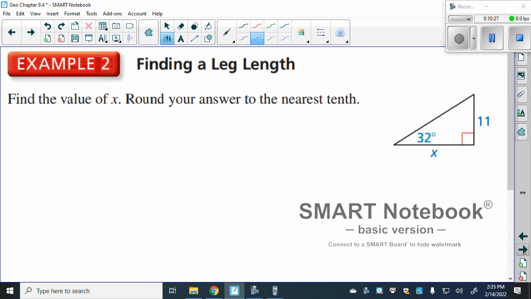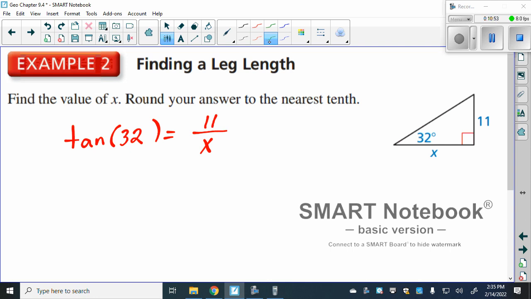If we're given the hypotenuse or solving for the hypotenuse, we have to use sine or cosine. So here it's telling us that we have to use tangent of 32 degrees is equal to what over what? 11 over x, the opposite side length over x.